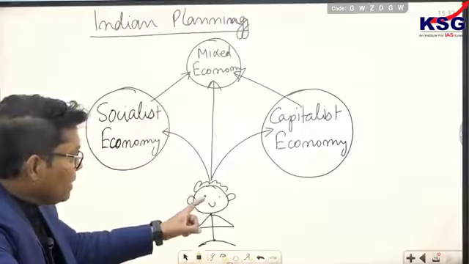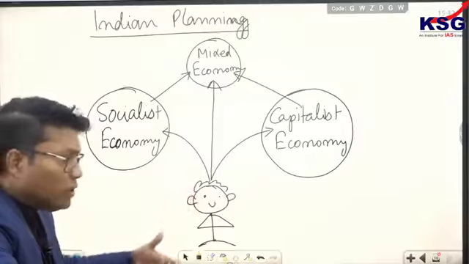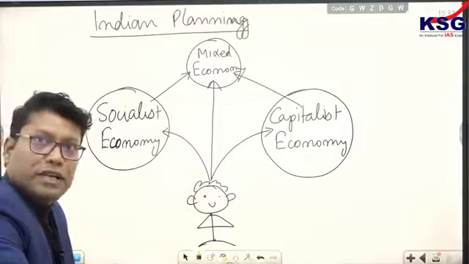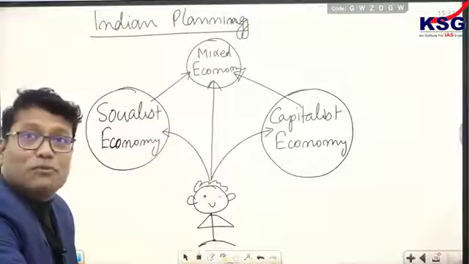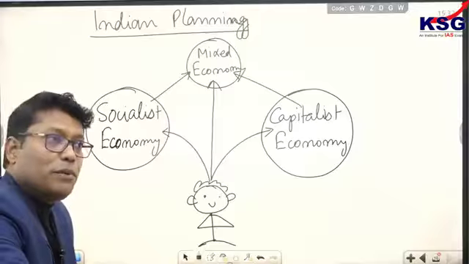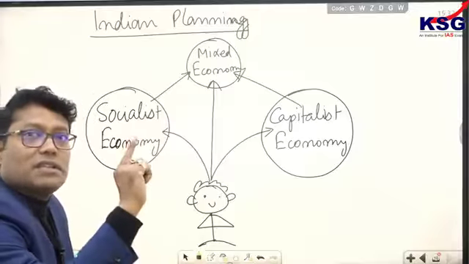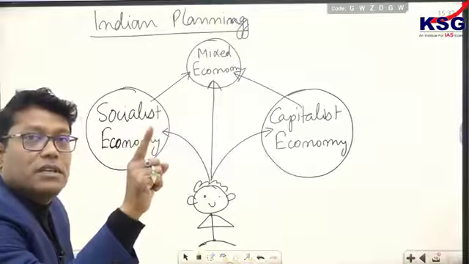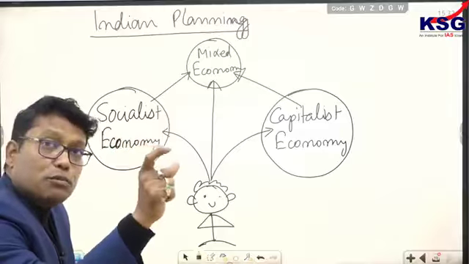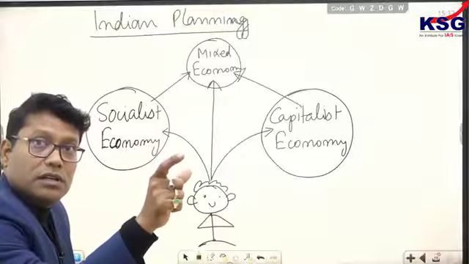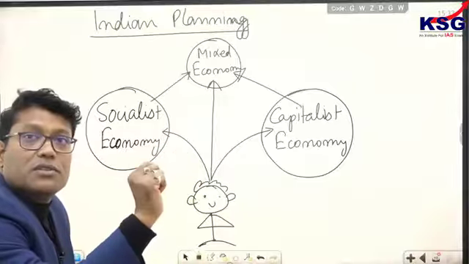When our policy makers reviewed the whole world to see which policy is good for India, the capitalist economy was not performing. Why? Because the 30s was the Great Depression period, and most of the developed countries in the world were affected.